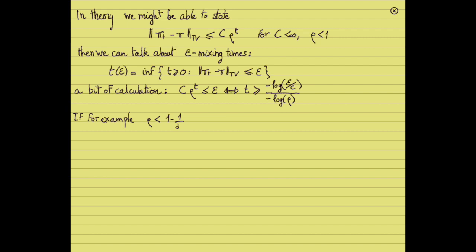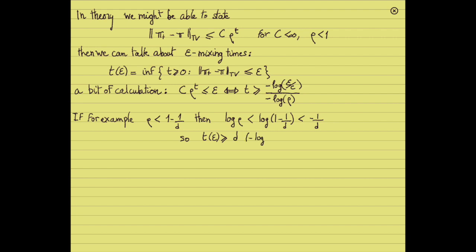That's the overarching goal. For example, if you know that the rate rho is less than 1 minus 1 over d, where d is the dimension, then with elementary calculation, for example, log rho is less than minus 1 over d, you find that this would mean your mixing time increases like d times minus log epsilon over c.